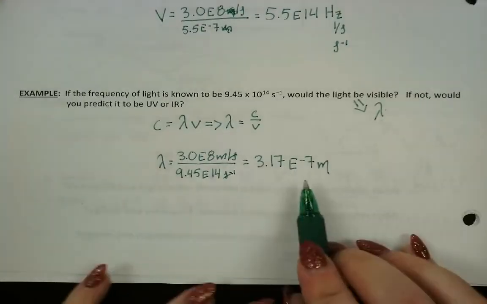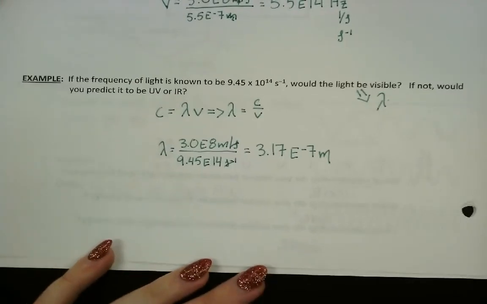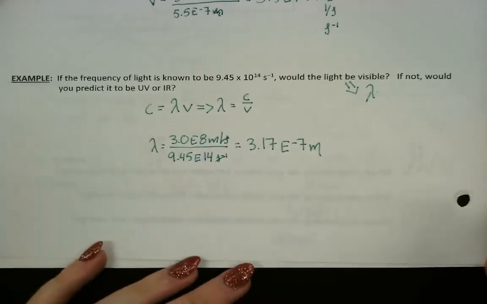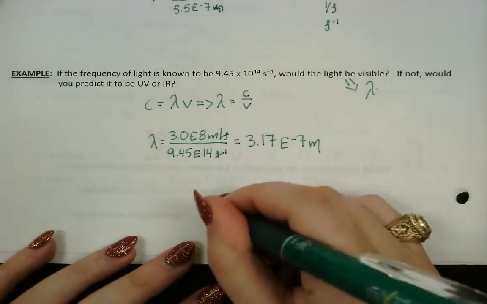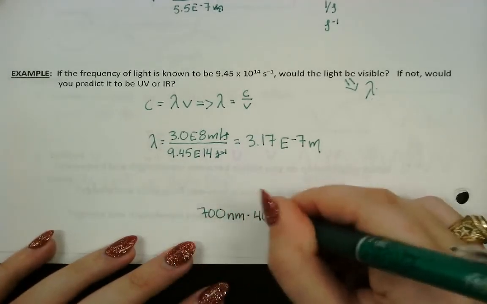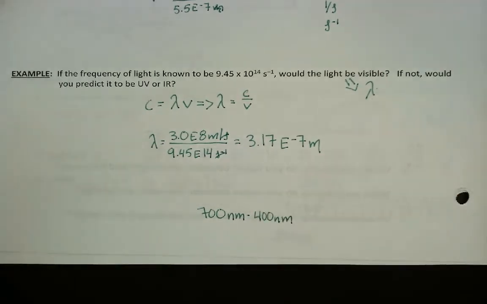All right, so now we're in meters, but how do we know if it's visible or not? Well, what was our range of visible light? Do we remember? It was 700 nanometers to 400 nanometers, okay?